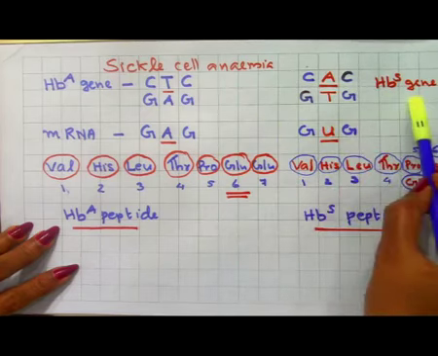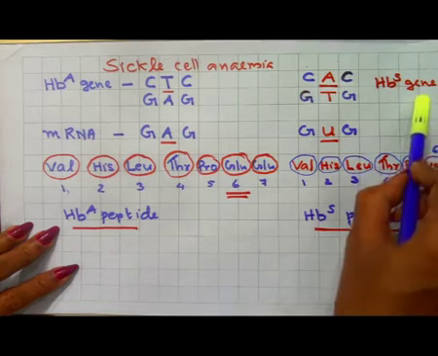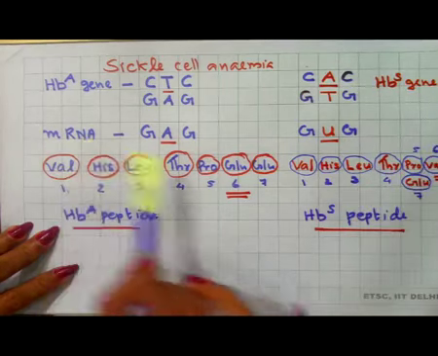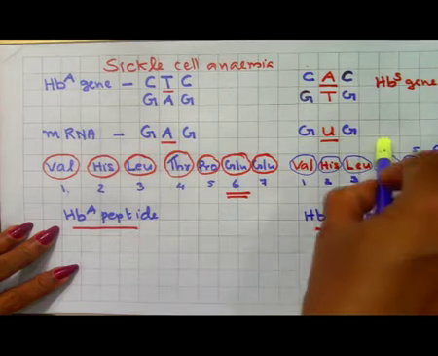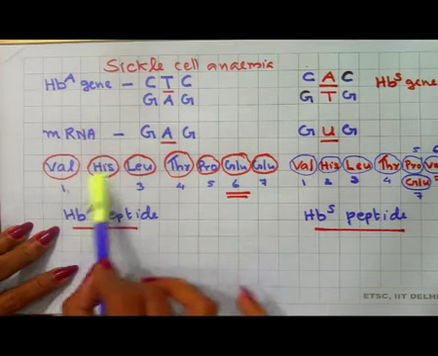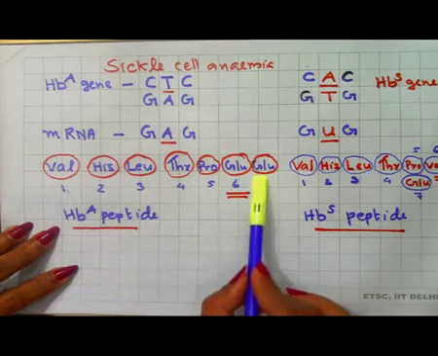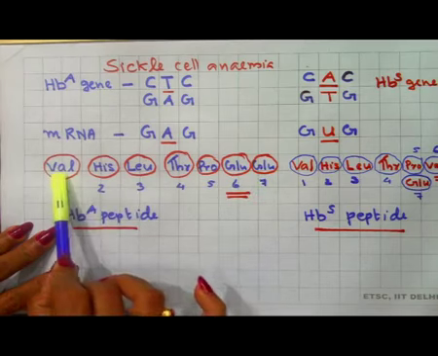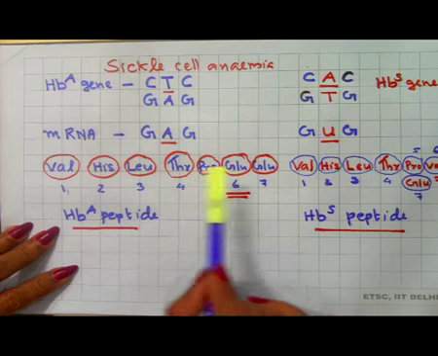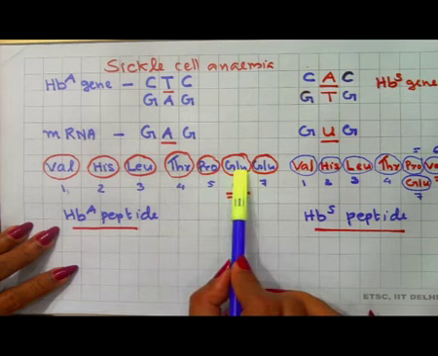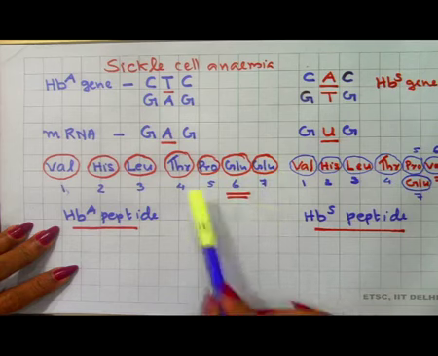This is the HbS gene, gene for sickle cell anemia. The mRNA is GAG, and here it is GUG. You see the different amino acids: valine, histidine, leucine, threonine, proline, glutamic acid. Here also it is glutamic acid.